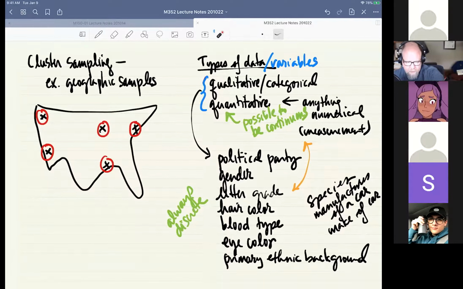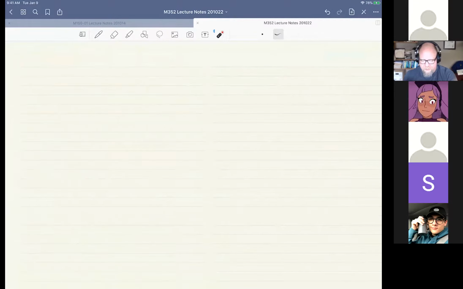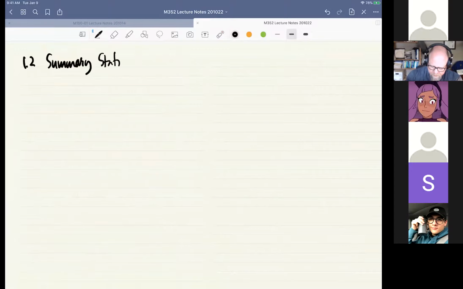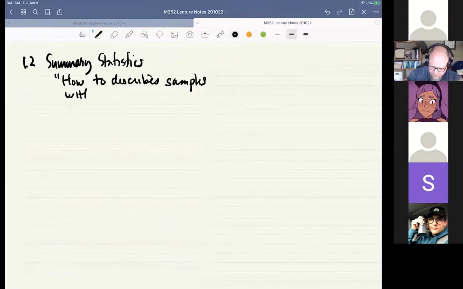All right, so that was section one of chapter 1. So let's move on to 1.2, and this is going to feel like a little reprise of stuff we've already talked about. I think the book calls this summary statistics. And maybe a theme would be how to describe samples with numbers.